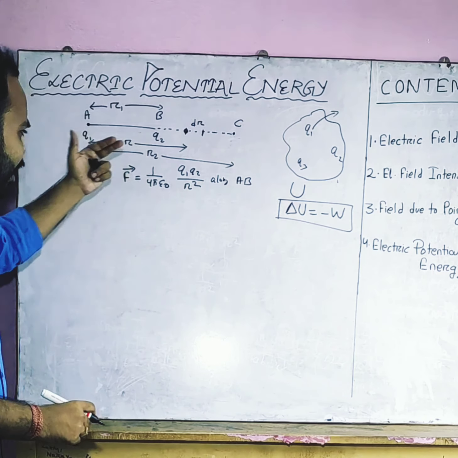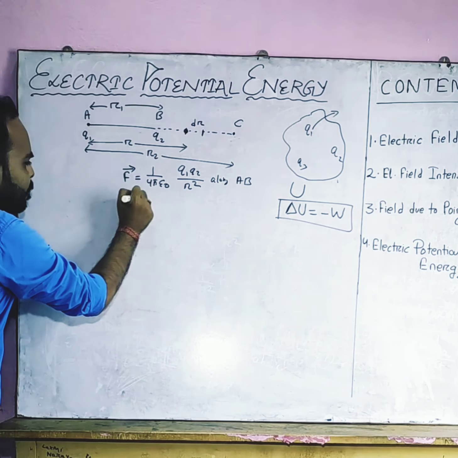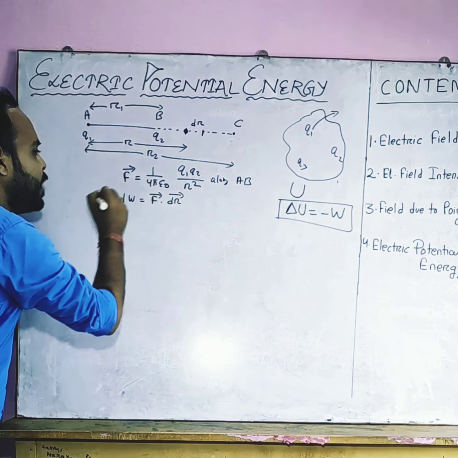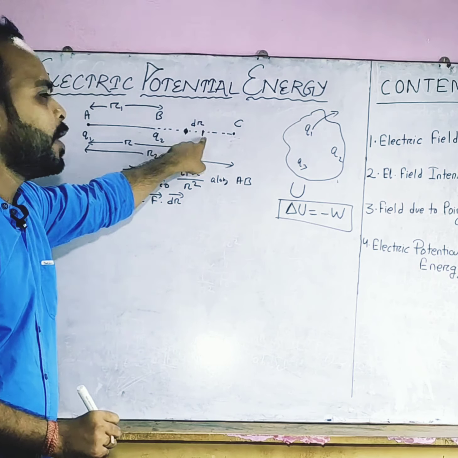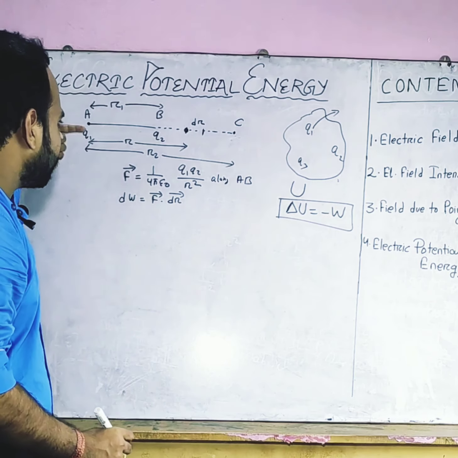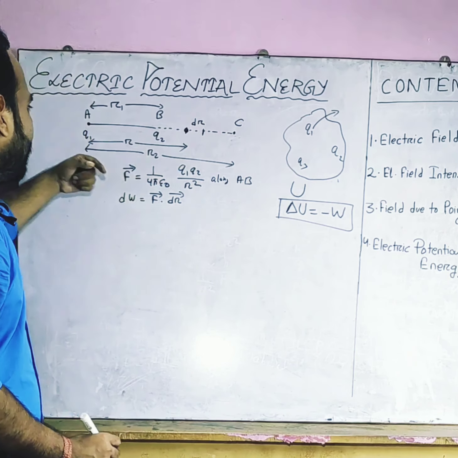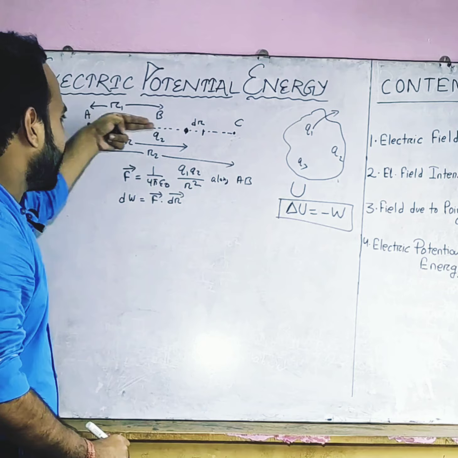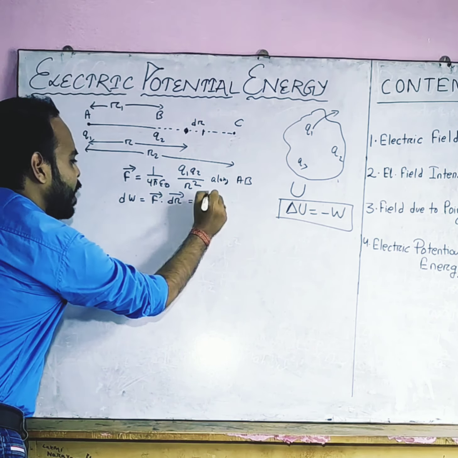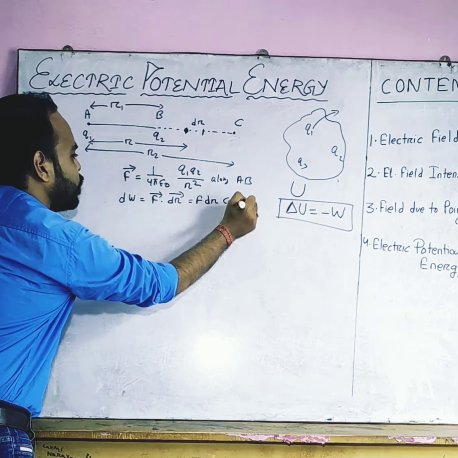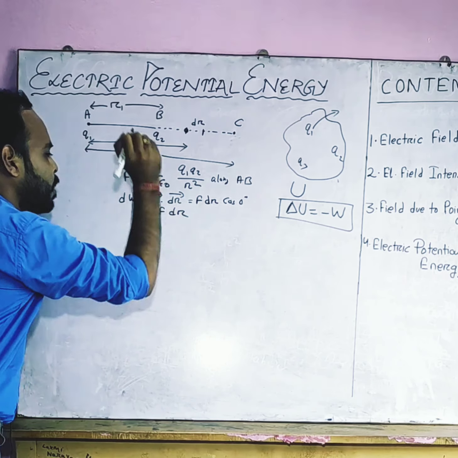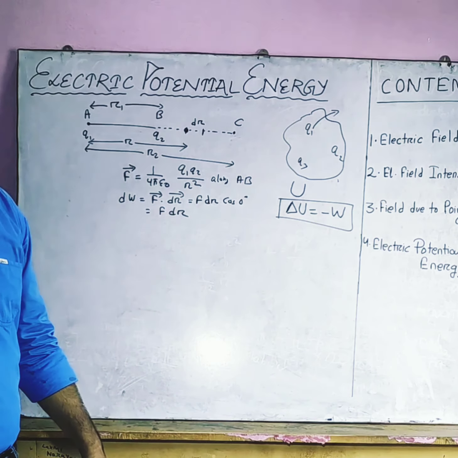Now, the work done due to the displacement is given by dW equals F vector dot dr vector. Our body is displaced through a distance dr. As the displacement is along BC and the force is along AB, that is in the same direction, we can expand it as F dr cos 0 degree, which equals F dr, because cos 0 degree equals 1.